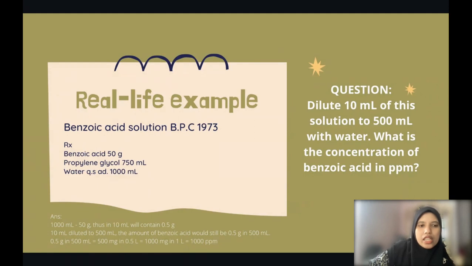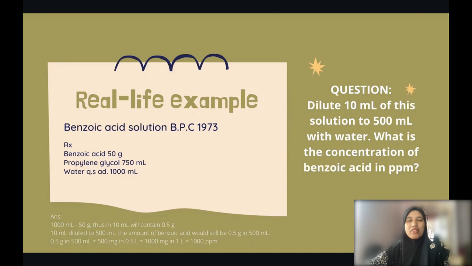If each 1000 ml or 1 liter contains 50 gram, then in 10 ml there should be 0.5 gram. If you take 10 ml and dilute to 500 ml, the amount of benzoic acid will remain as 0.5 gram in 500 ml, which means 500 milligram in the 500 ml.